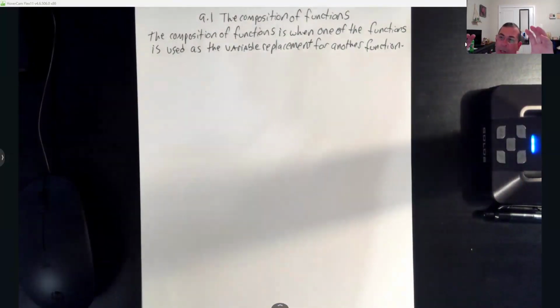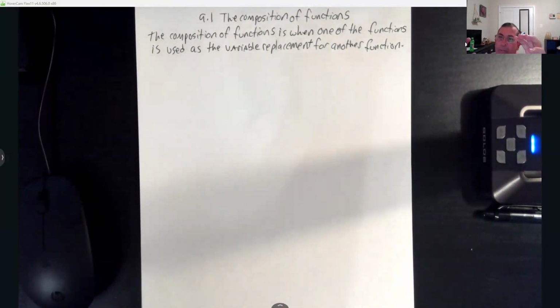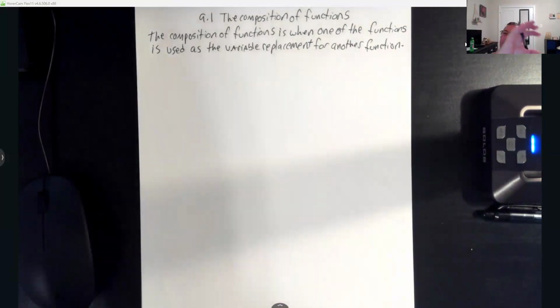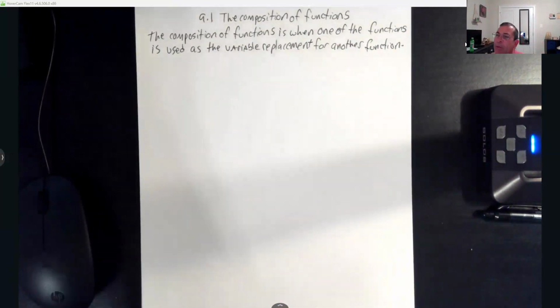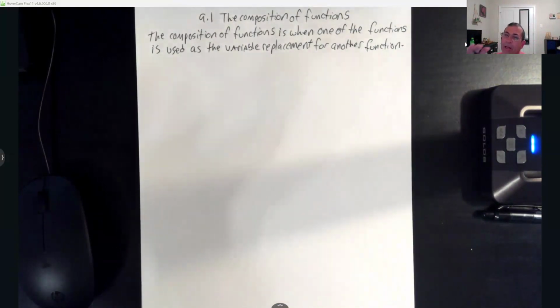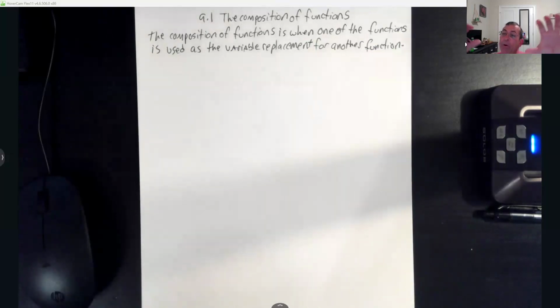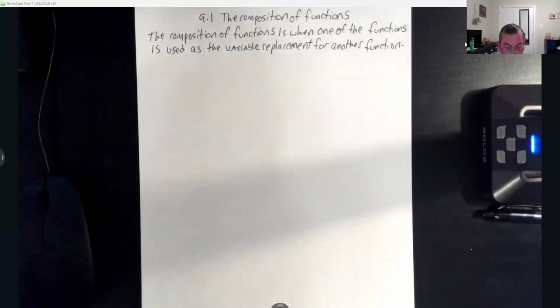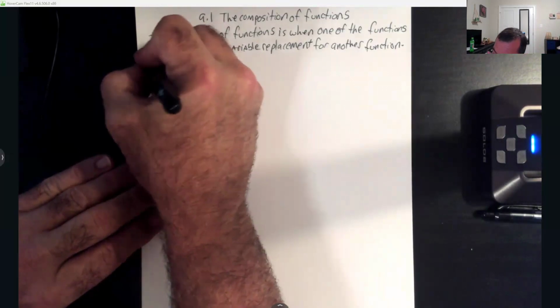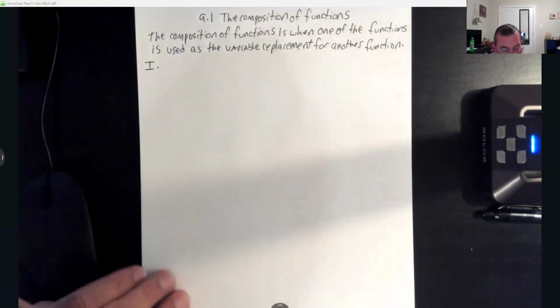So you know what I mean? They're going to give us two functions. And depending on the terminology, which I'll give you in a second, we take one of the functions and we put it into the variables of the other function, okay? So instead of us just putting in a number or another letter, we're going to be putting a whole function into it, okay? So there's two types of notation we'll see.